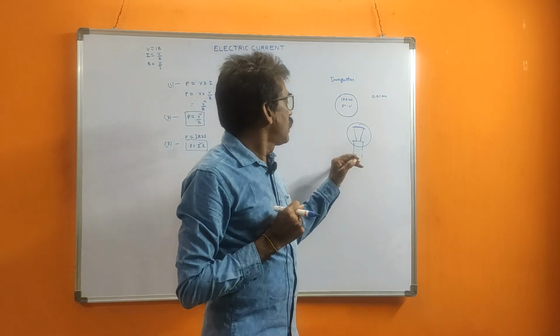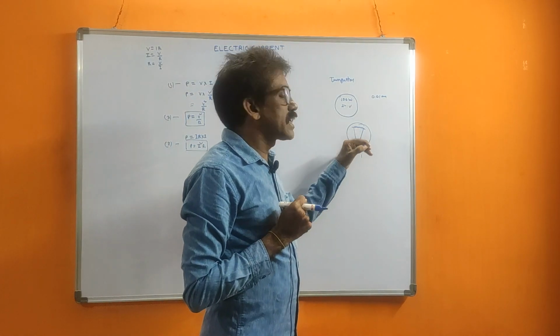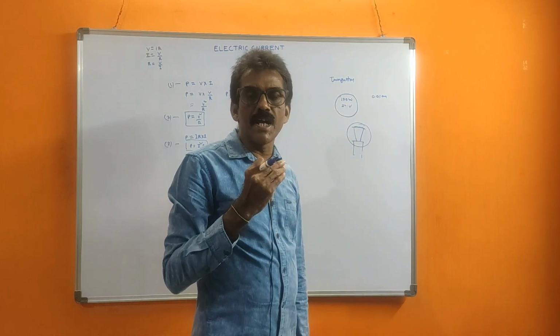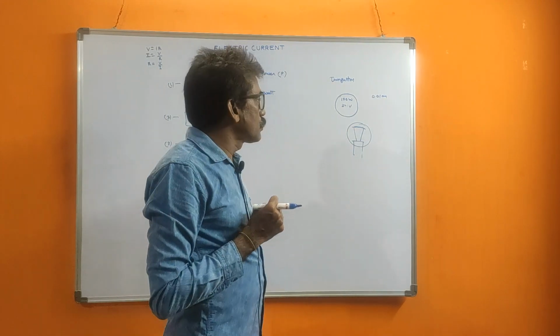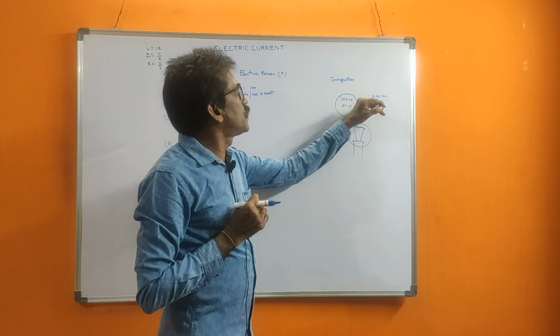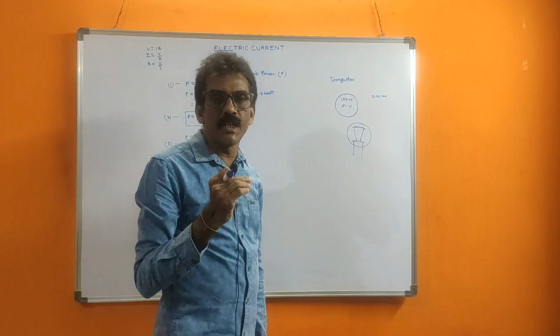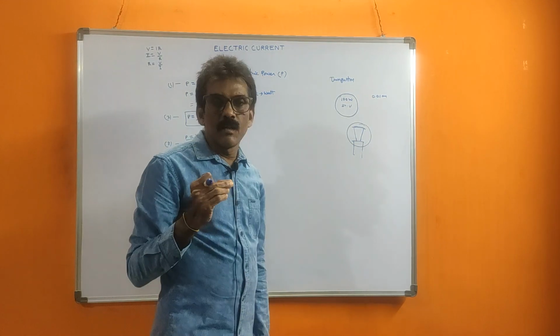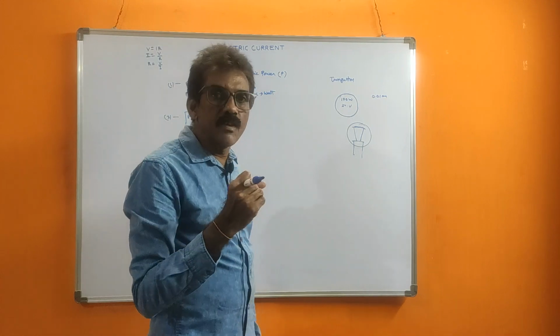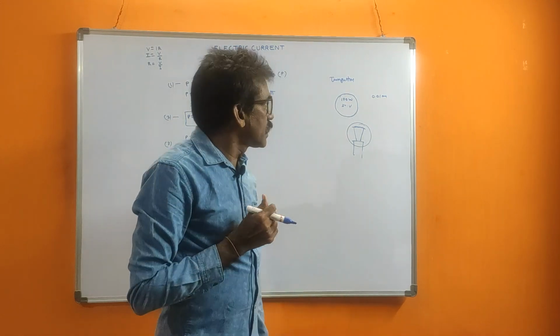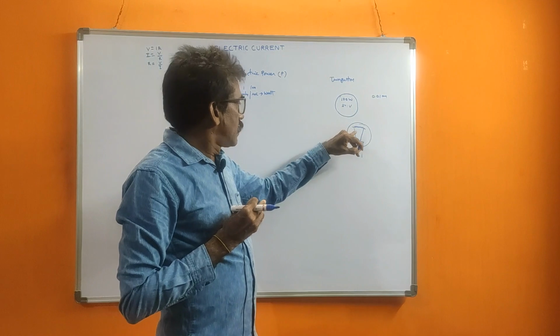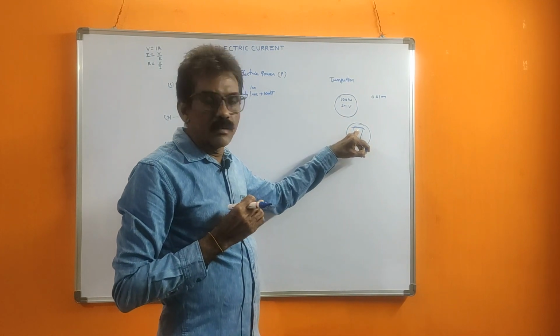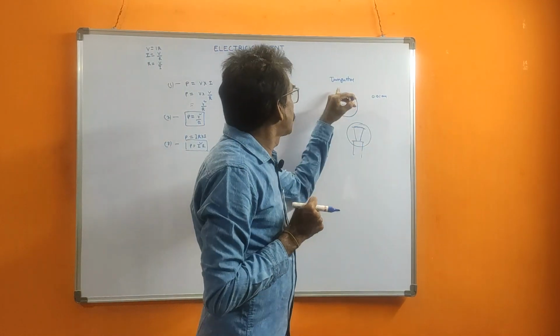When current is passing, it will become red hot, and very high temperature will be produced. Due to that heat, if the wire is this thin, the remaining metals like copper and aluminum will melt and break. That's why they prepare the filament with tungsten.